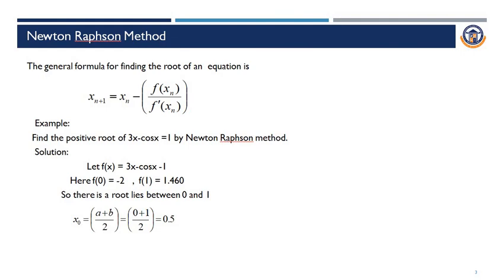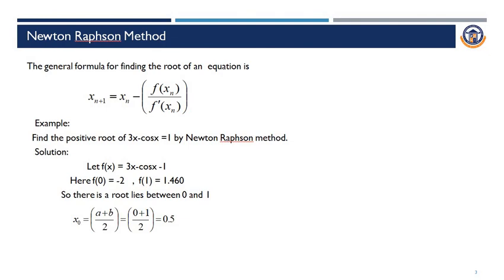In Newton-Raphson method, we can find the solution of an equation which is nearer to 0 or which is away from 0 also. Now let us see how to find the solution of an equation by using Newton-Raphson method.